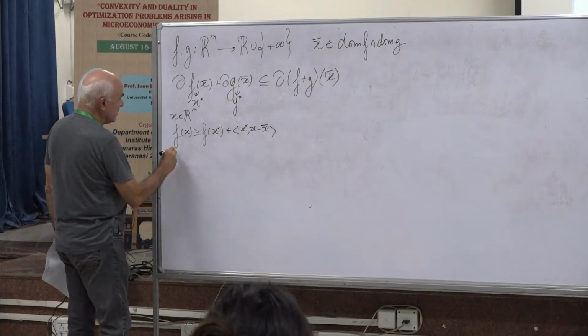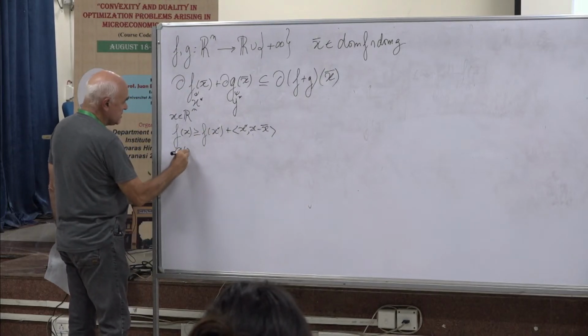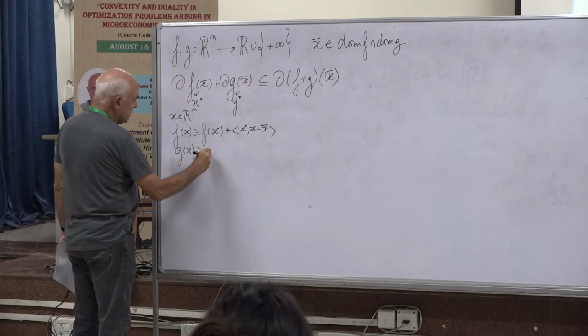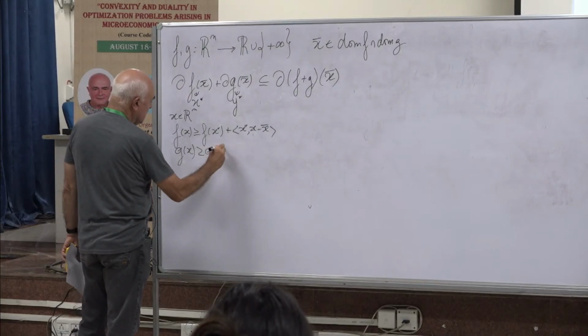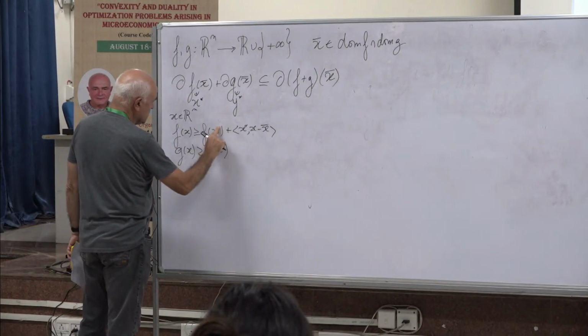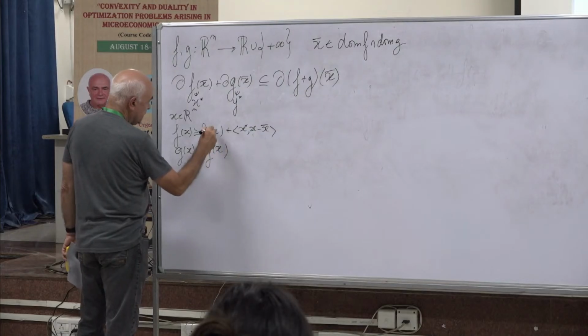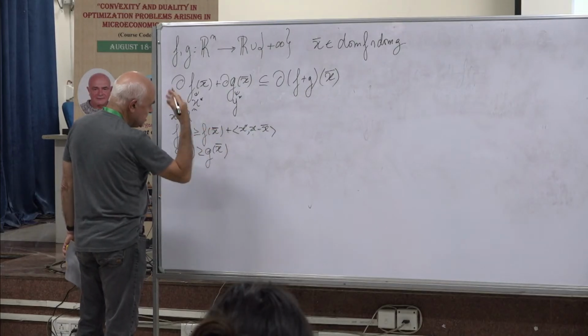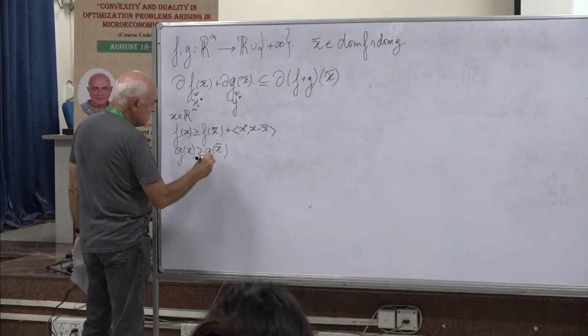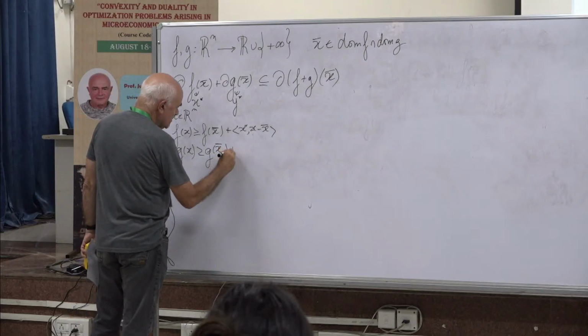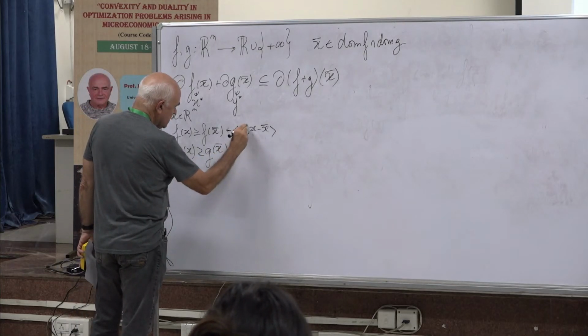And similarly, you have g of x greater than or equal to g of x bar. Sorry. I have a tendency to interchange freely bars and stars. I should avoid that.